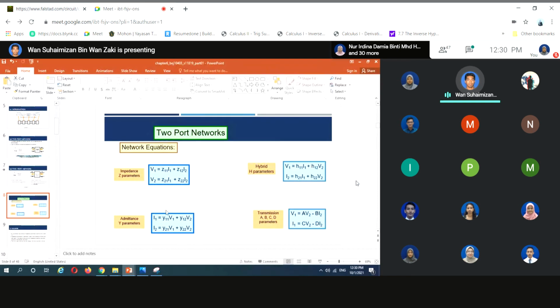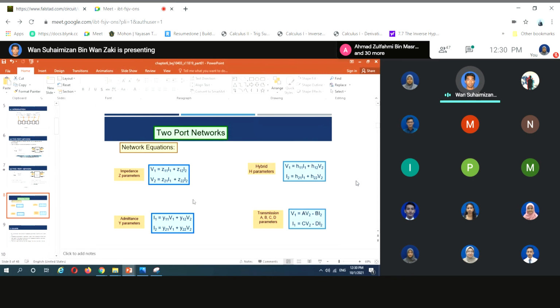So but basically the ratio is depend on the circuit itself. Kadang-kadang circuit tu dibagi dalam T, pi punya, dia ada beberapa configuration lah. So you need to manipulate the ratio. What is the ratio? So if the ratio between I1 and V1, so you need to manipulate the analysis in order to get the correct ratio, right?